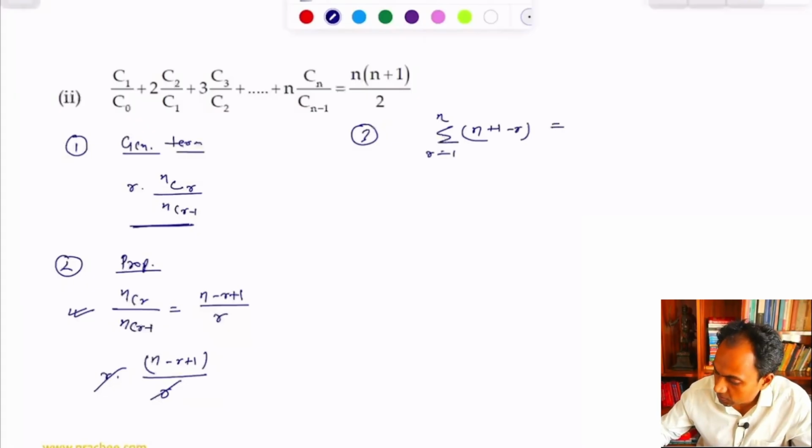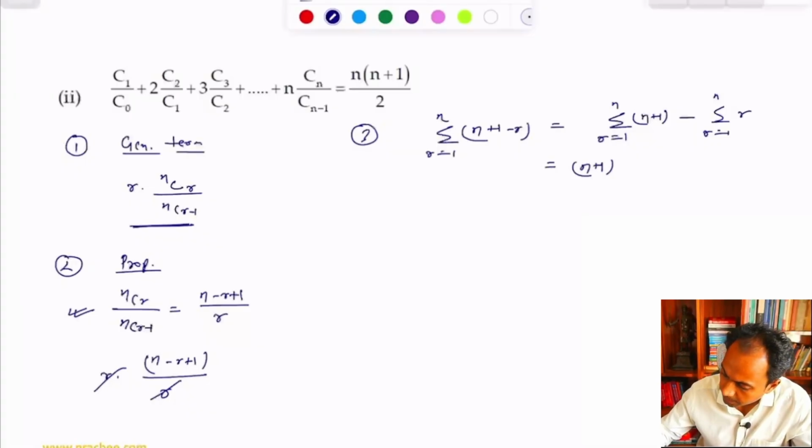If I open the summation, it will get split into two parts. Now, here n plus 1 is a constant and in the second part, r is a variable. So, if I take n plus 1 outside, this is summation of r equal to 1 to n of 1 minus summation of r equal to 1 to n of r.